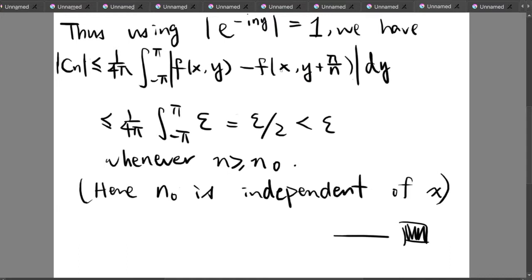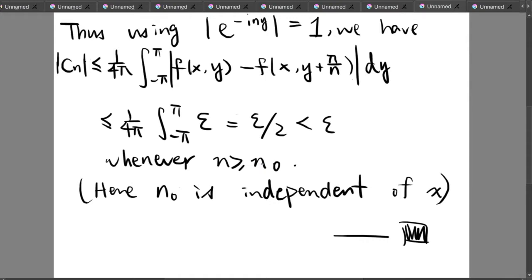And as the y values are very close to each other and the x values are the same, this is smaller than or equal to epsilon by the uniform continuity of f. Therefore it is smaller than or equal to 1 over 4 pi times the integral from negative pi to pi of epsilon, which is equal to epsilon over 2, and this is smaller than epsilon whenever n is greater than or equal to n naught.